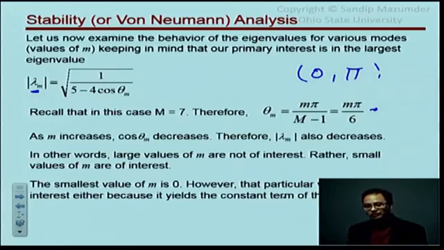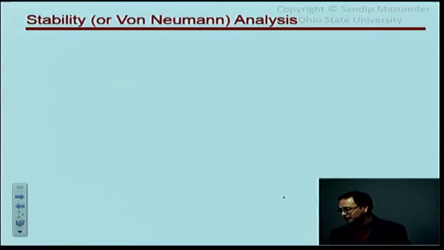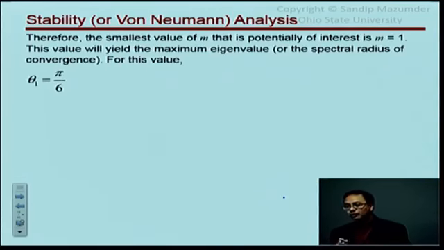We start with the constant. So the first wave corresponding to m equal to 0 is a constant. It cannot grow or decay at all. So this expression I've put here is just for you to see that if theta m is equal to 0, then nothing really happens. You just get the constant. So therefore the one that's of interest is m equal to 1.